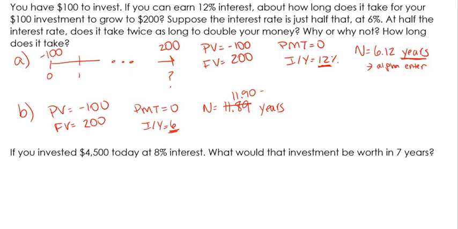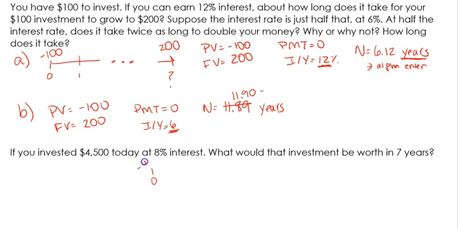Okay, so question 2 says, if you invested $4,500 today at 8% interest, what would that investment be worth in 7 years? So, first step is a timeline. Today, we are investing $4,500. So we are taking $4,500 out of our pocket and putting it into an investment vehicle.